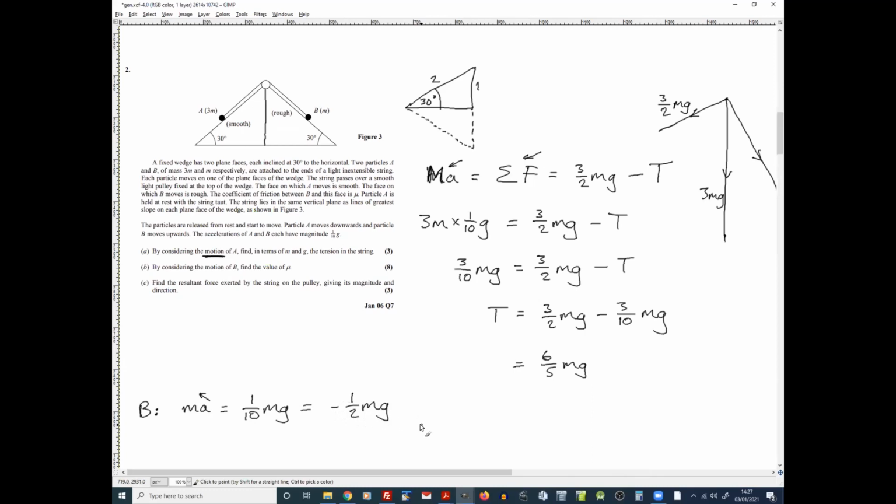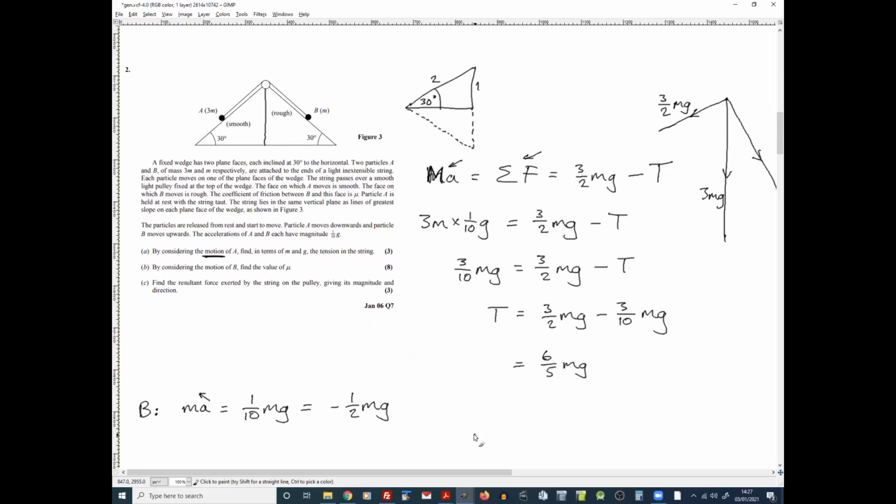What other forces are acting on particle B? You said the reaction force would be irrelevant in Part A, but not anymore.